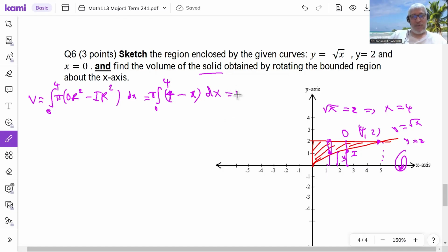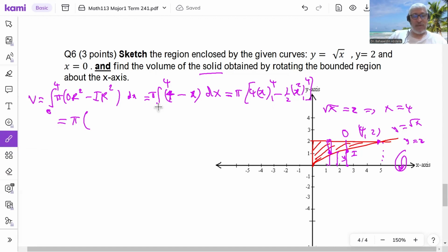So this will give you the answer. Of course, this is pi. The integral of 4 is 4x, from 0 to 4, minus the integral of x, which is x squared over 2, from 0 to 4. So the answer would be pi times... It's from 0 to 4, sorry.